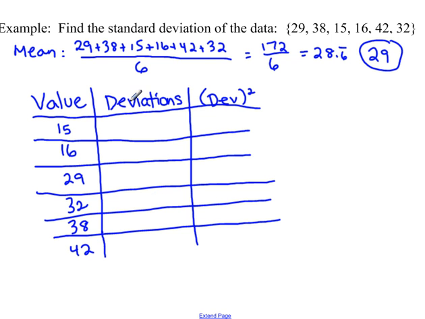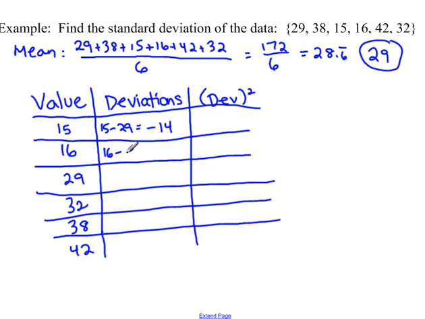Okay, now to find the deviations, we take the value and subtract the mean. So this would be 15 minus 29, which is negative 14. And do that for each of the numbers.